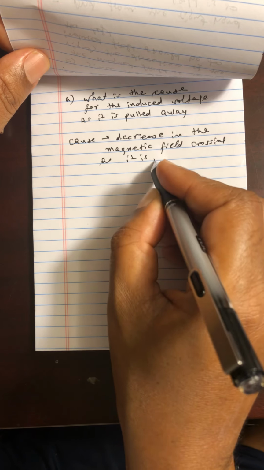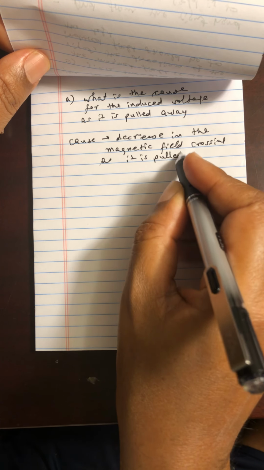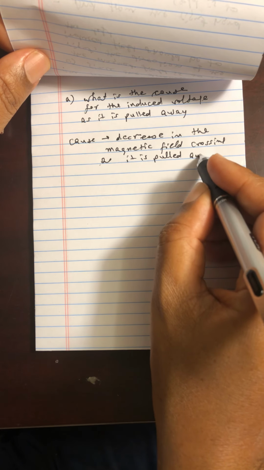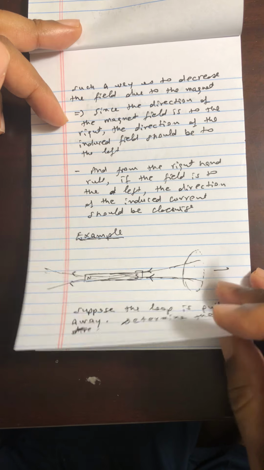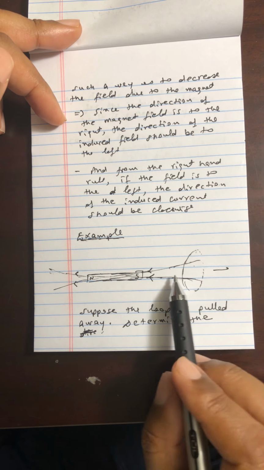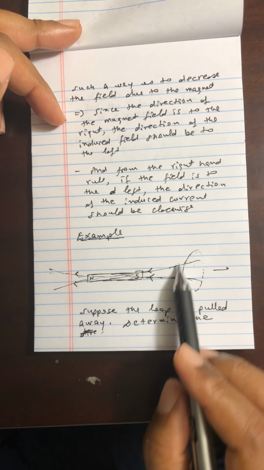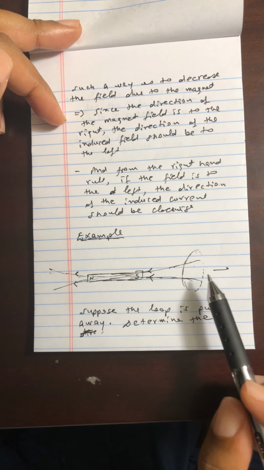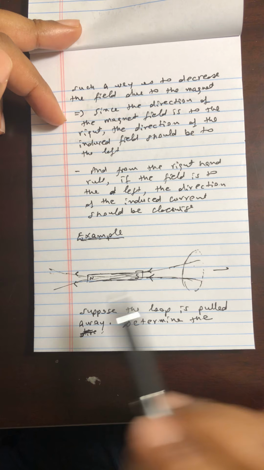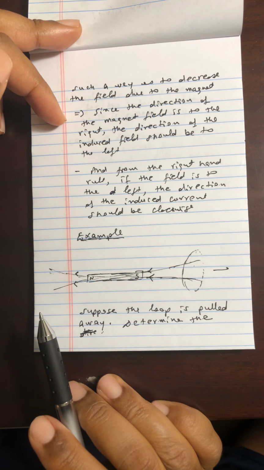So in this case the cause is decrease. As it goes farther and farther, the magnetic field crossing it decreases. Now that change in flux will produce induced voltage, and that induced voltage will produce induced current, and that induced current will produce its own field.